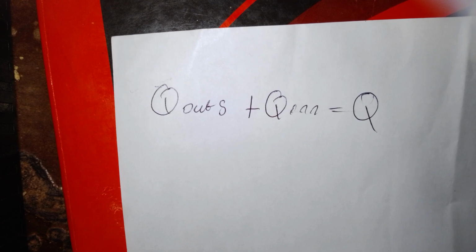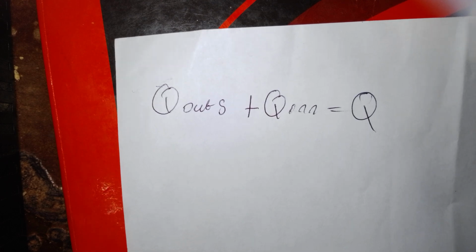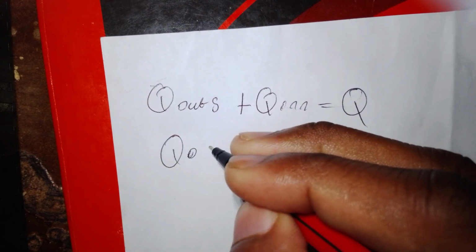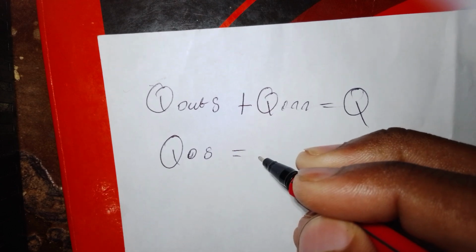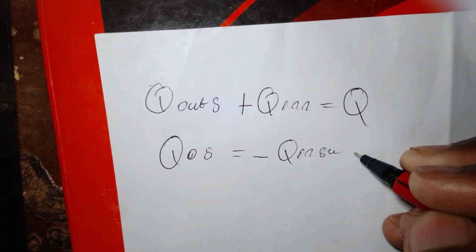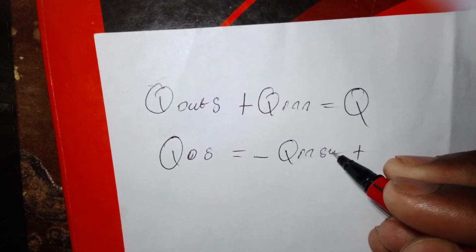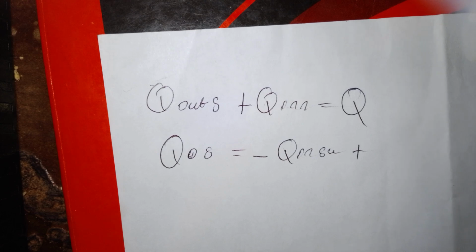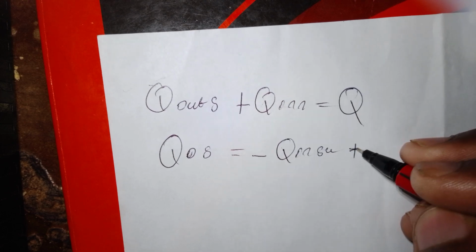Now we make the charge on the outer surface the subject of the formula. So the charge on the outer surface should be equal to negative the charge of the inner surface plus the total charge. Rather, we subtract both sides, of course, but for the sake of making things simple.